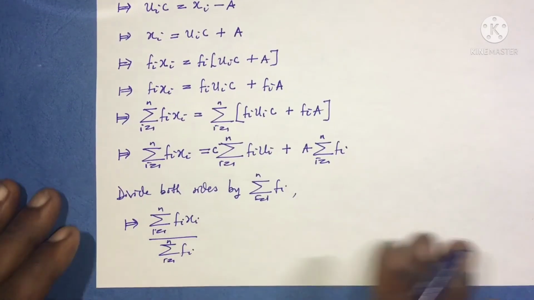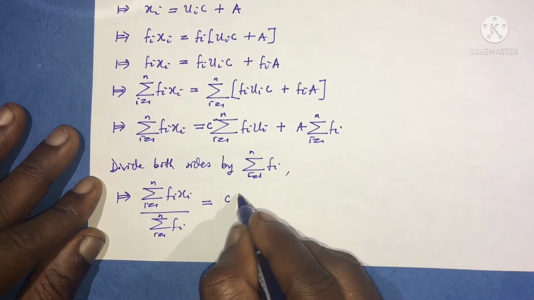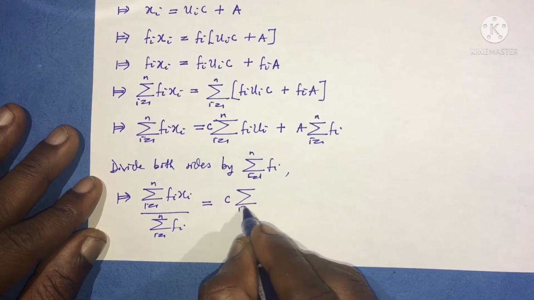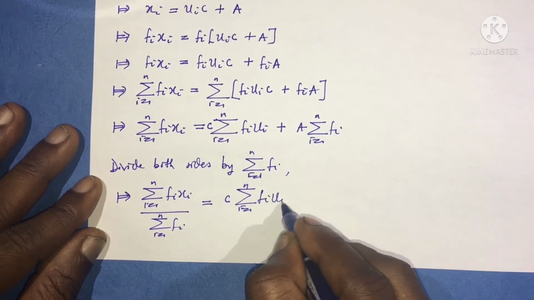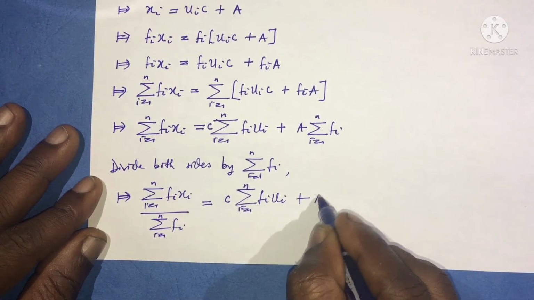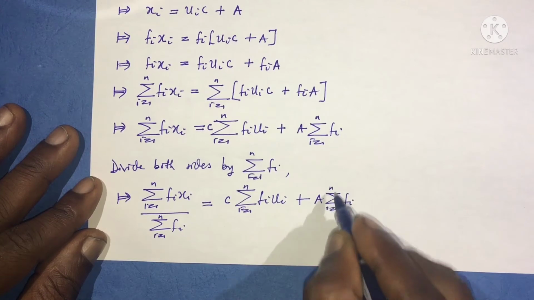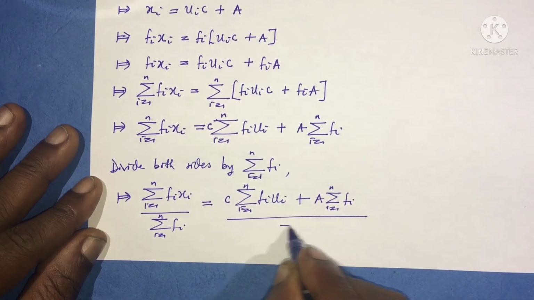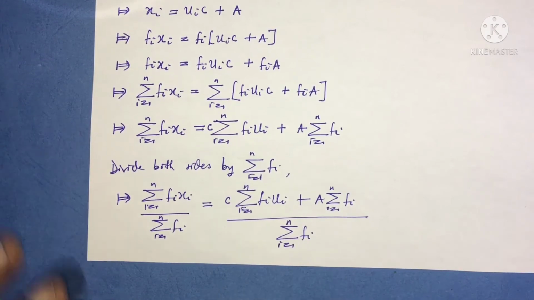Now, over here, this will be c summation from i equals 1 to n of fiui plus a summation fi from i equals 1 to n, all divided by summation fi from i equals 1 to n.